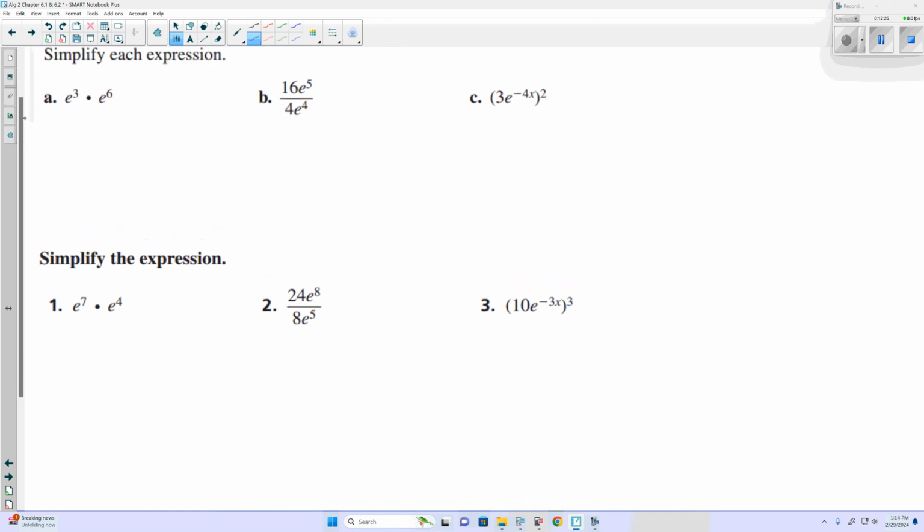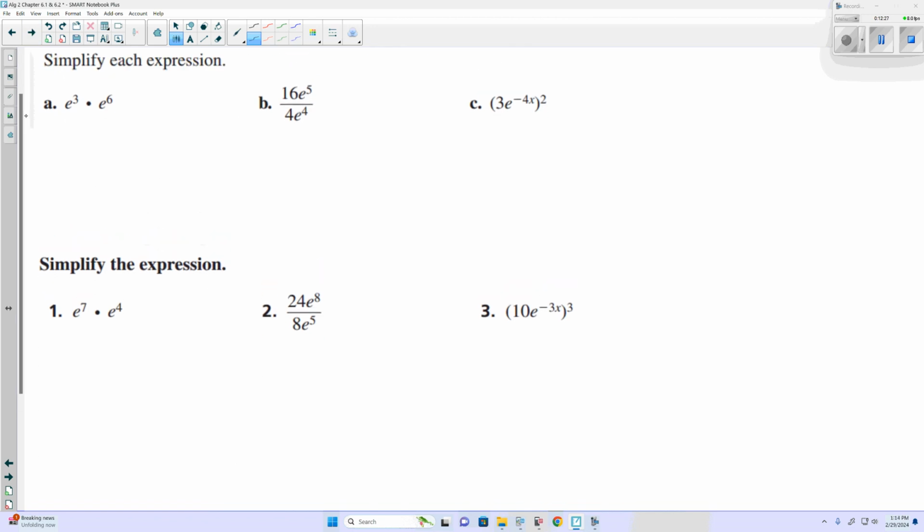Now, the first thing we're going to do with e is talking about the expression itself. Now, e, even though it does have a value, we can treat it like a variable in most cases. The first one we have is e to the third times e to the sixth.